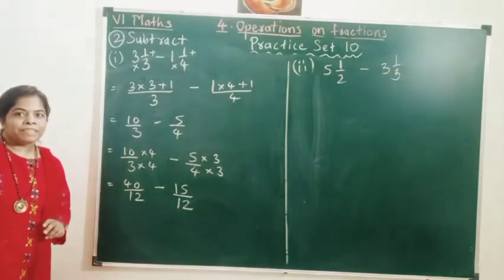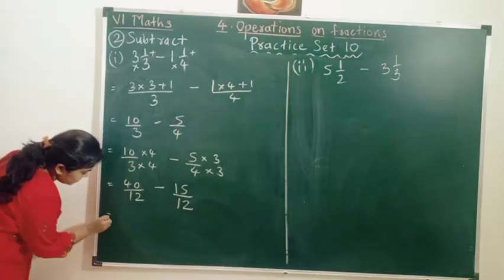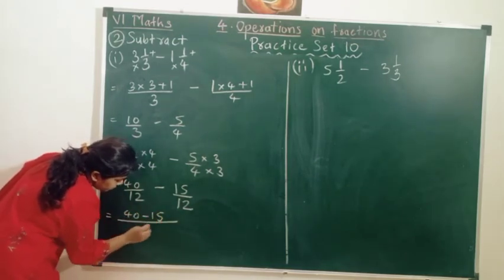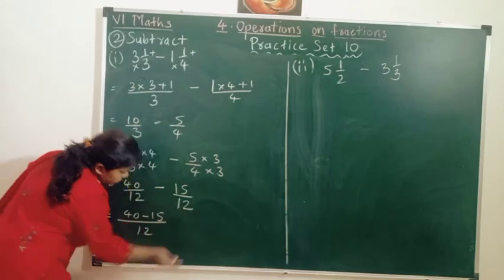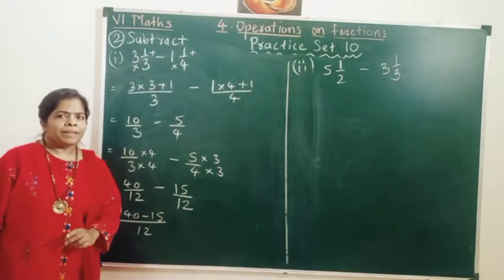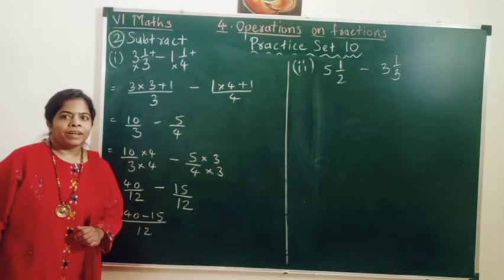Now see, both have the same denominator. 40 minus 15 upon 12. 40 minus 15 will be 25.